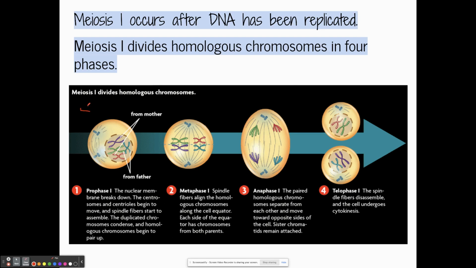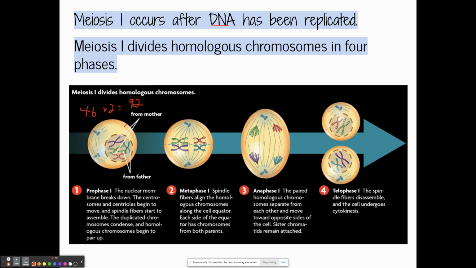We have a total of 46 chromosomes. Just like mitosis, meiosis has an interphase. In interphase, the DNA has to be replicated. So if I replicate the DNA, meaning that I make a copy of my 46 chromosomes, 46 times 2 is going to give me, let's see if you guys have your mental math, 92 chromosomes.